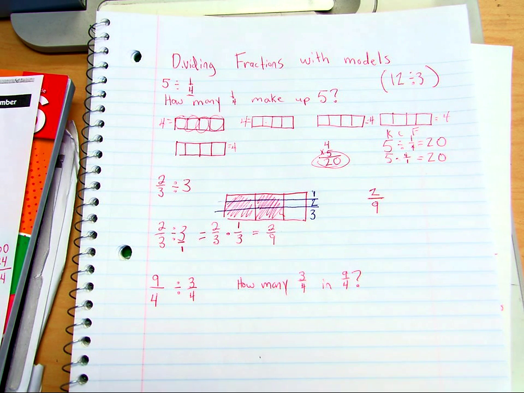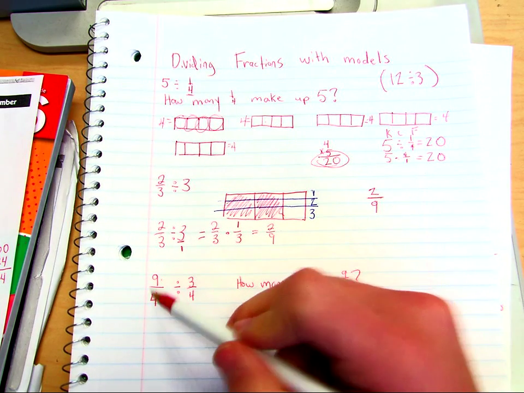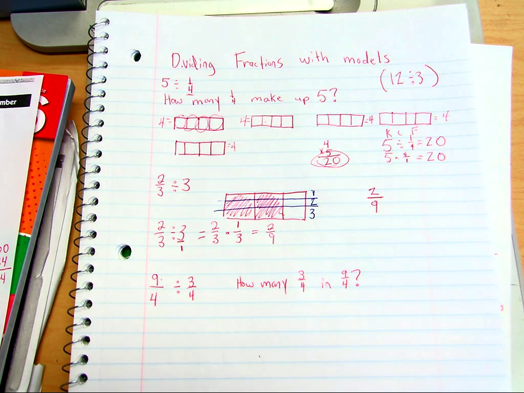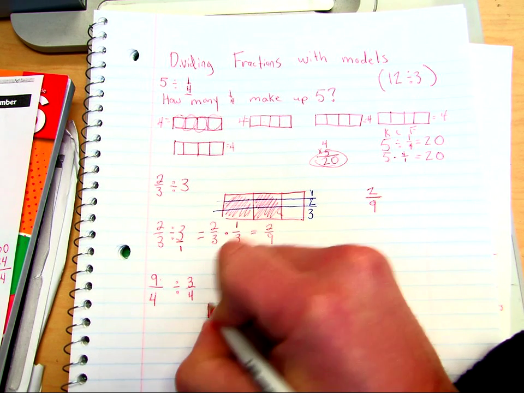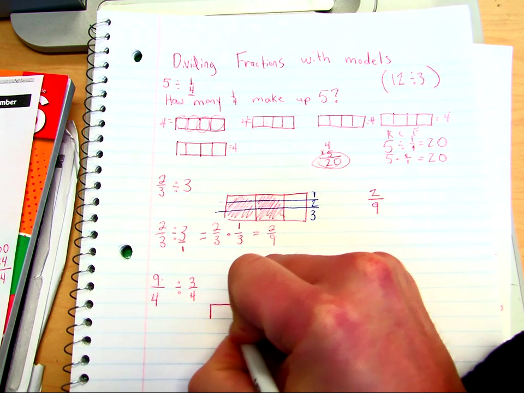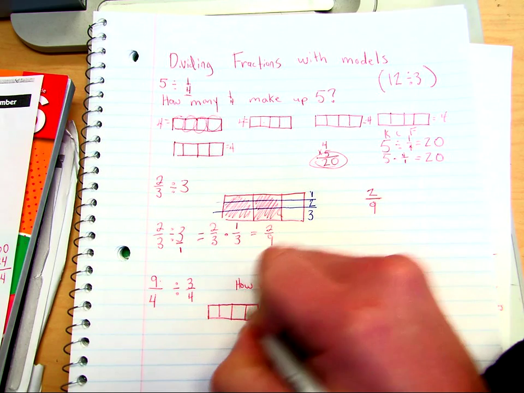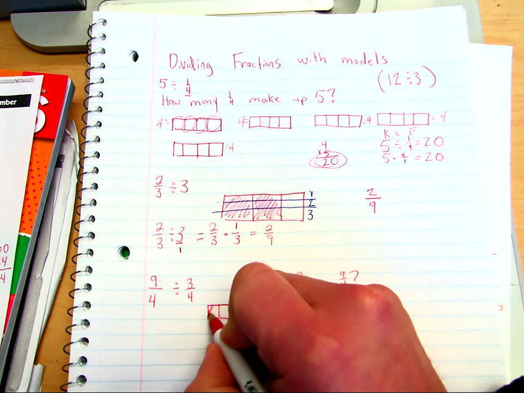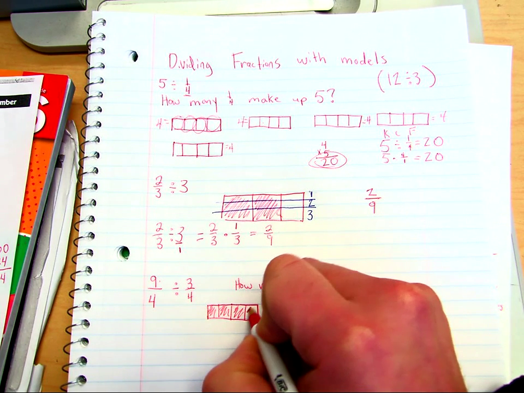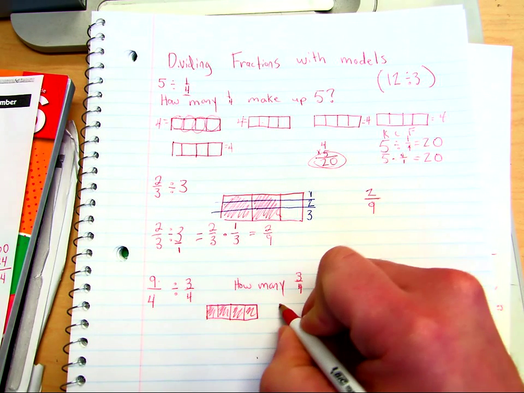So 9/4, I notice that my top number is larger than my bottom number. I have an improper fraction, meaning it's more than 1. So I'm going to make a whole, and it has 4 pieces. But this here is only 4/4, and I need 9/4. So I have to make another one.